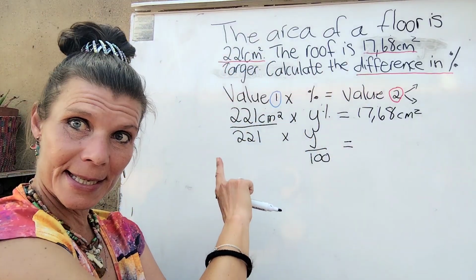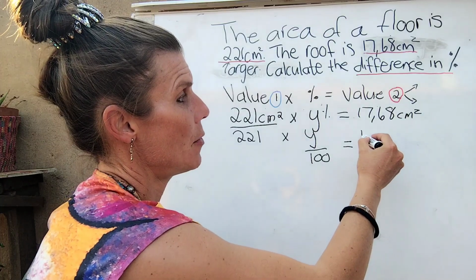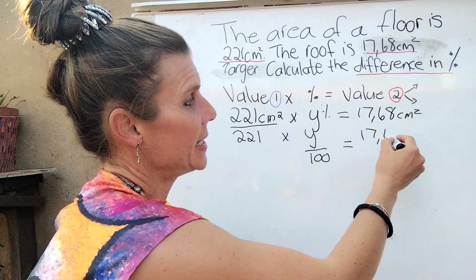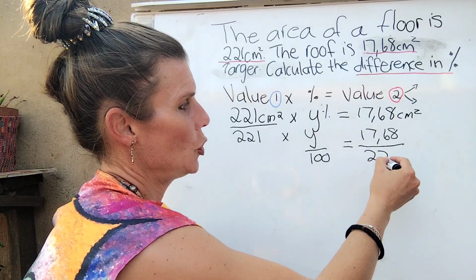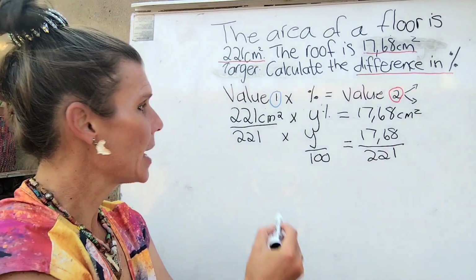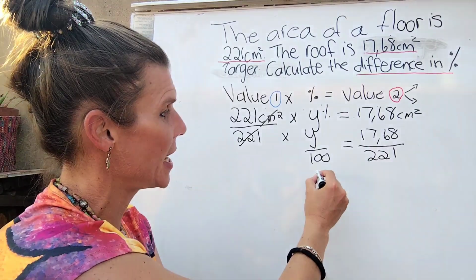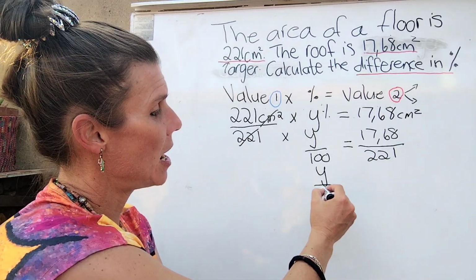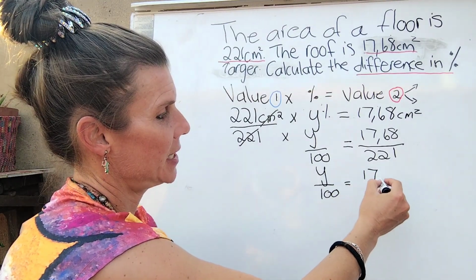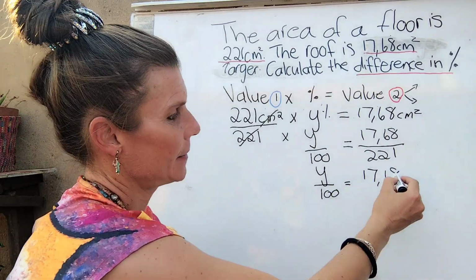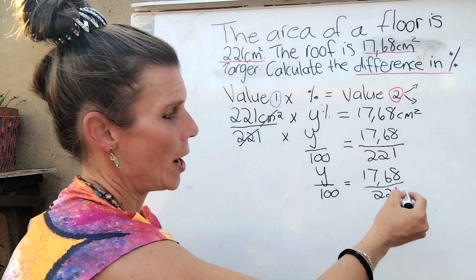What I do this side of the rainbow, I have to do that side of the rainbow. 17.68 on 221. Right, there I cancel itself out. What am I left with now? Y on 100 equals 17.68 on 221.